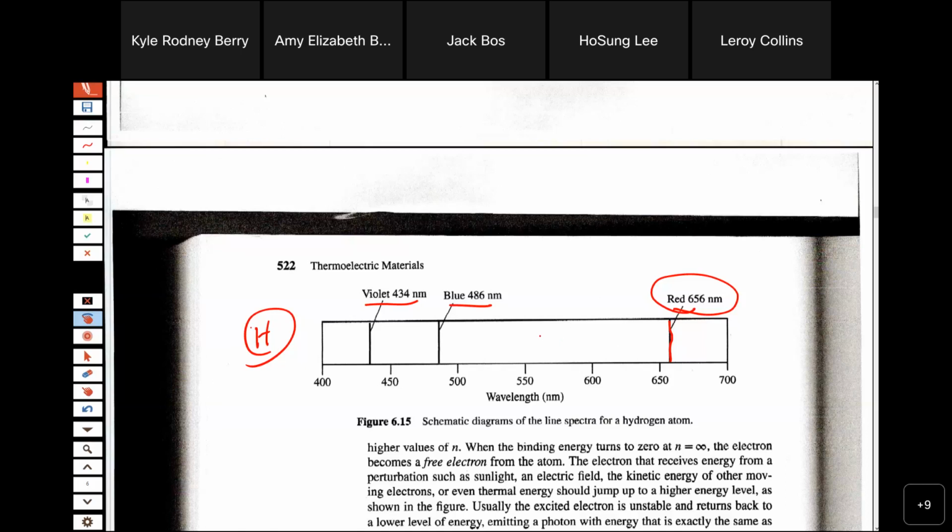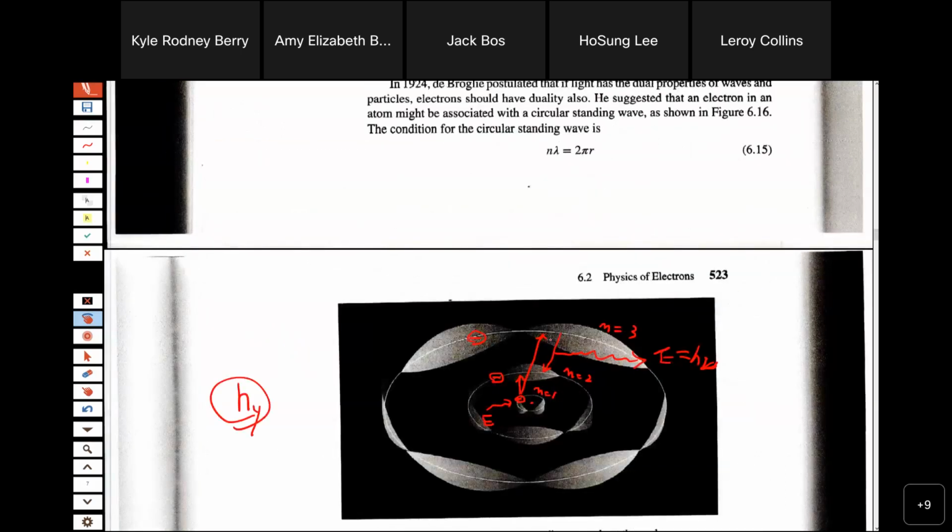So basically, this idea is huge. We can do spectrum analysis and understand the universe, and the laser.